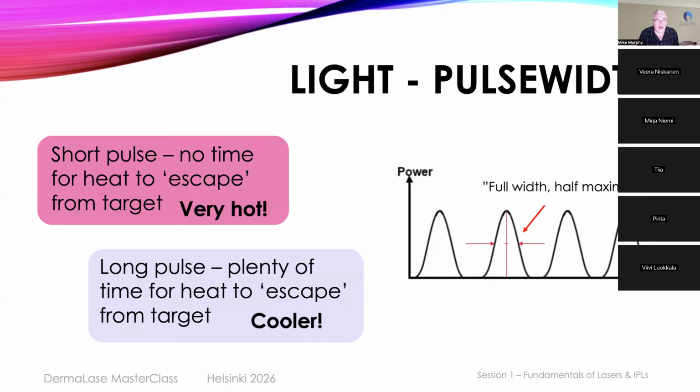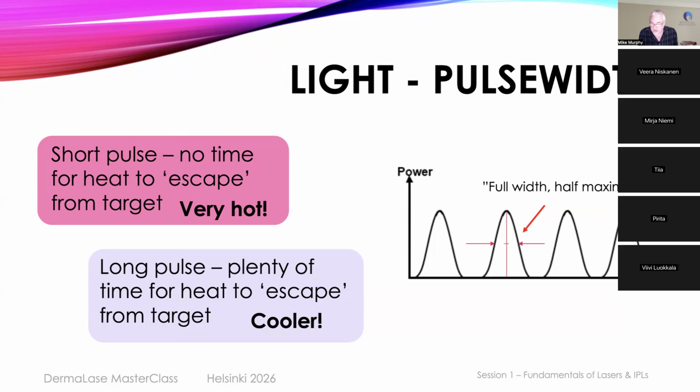So basically, if you've got a machine, let's say you've got your laser or your IPL, and you set it to output, let's say for talking's sake, 10 joules per square centimeter. If you then set the pulse to 1 millisecond and you fire it at a target, it will generate quite a hot target.